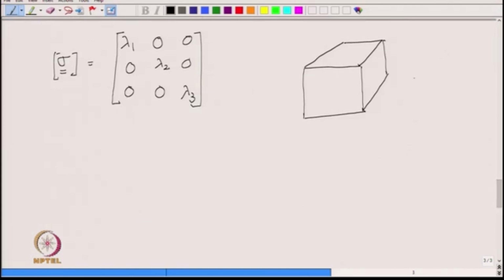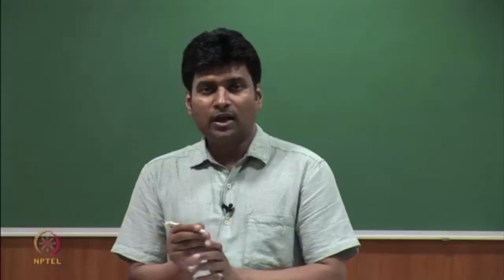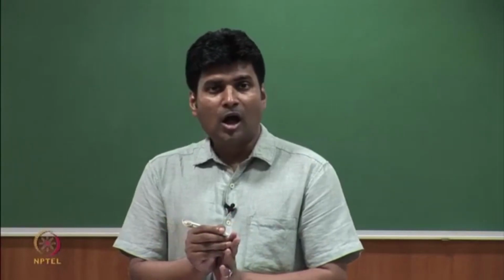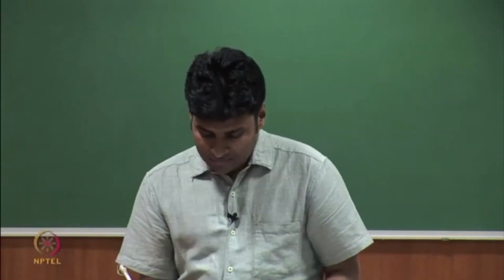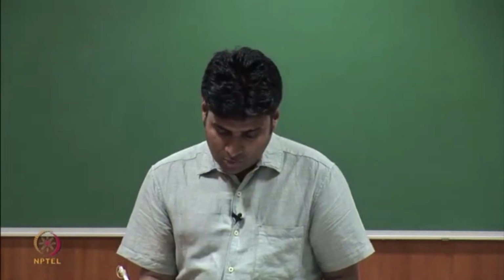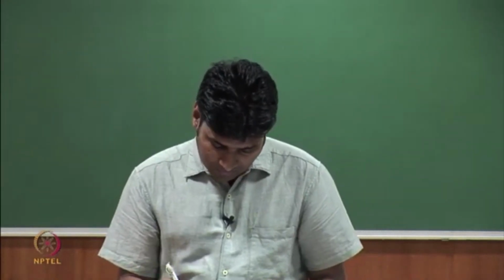So, this cuboid has its faces along E1, E2 and E3. But now, if we choose the cuboid such that its faces are along the eigenvectors. Okay. So, let us think of the cuboid with faces along the eigenvectors.